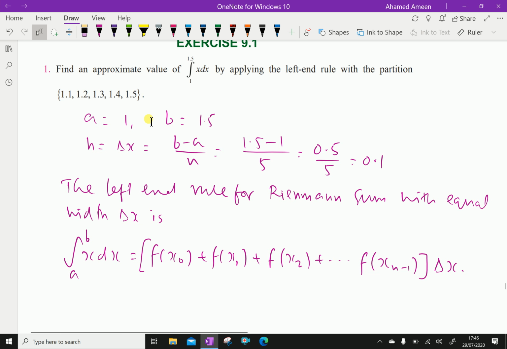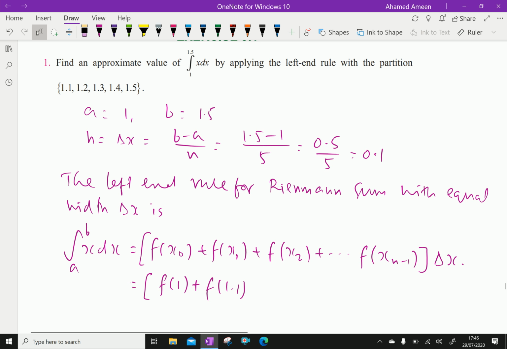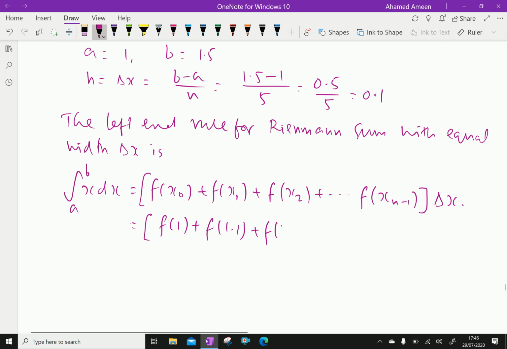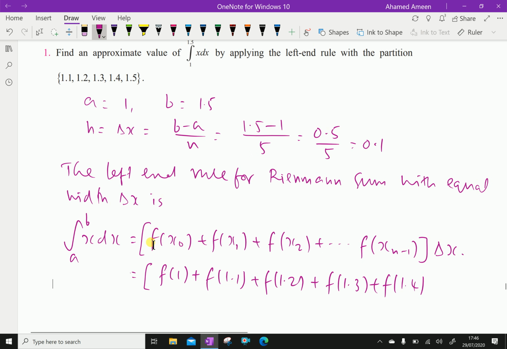That is, a is 1 and b is 1.5, so you have to start with the initial point x0, that is f of 1, plus f of 1.1, then f of 1.2, f of 1.3, f of 1.4 only. We should not take 1.5, because we already added f of x0, so it is called the left hand rule.